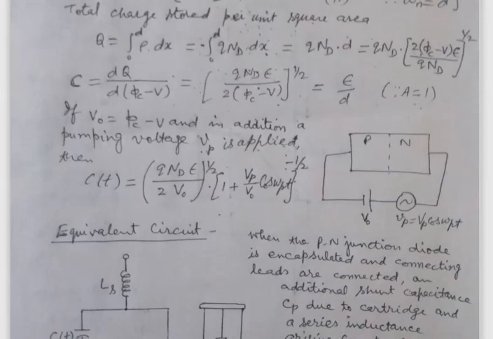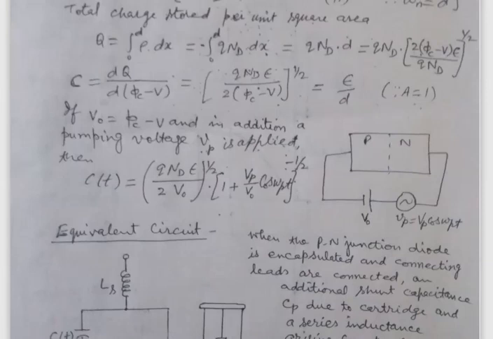And again, if we assume phi c minus v equal to V0, and in addition a pumping voltage Vp is applied across the junction diode as shown in the figure, in which a time varying pumping voltage signal Vp equal to Vp cos omega pt is connected in addition to the V0, the expression for the capacitance will become Ct equal to Q Nd epsilon upon 2 V0 power 1 by 2 into 1 plus Vp over V0 cos omega pt power minus 1 by 2.